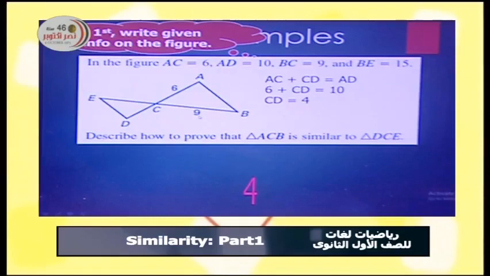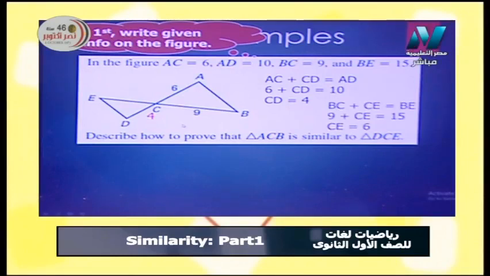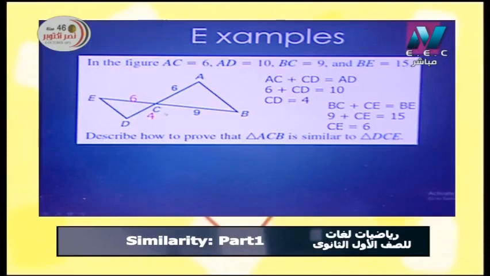Okay, we have 4 here for CD, because 6 plus 4 equals 10, and we have that AC plus CD equals AD. Look at EC. EC equals 6 centimeters, because EB equals 15 centimeters, and the part CB equals 9. 15 minus 9 equals 6 centimeters.